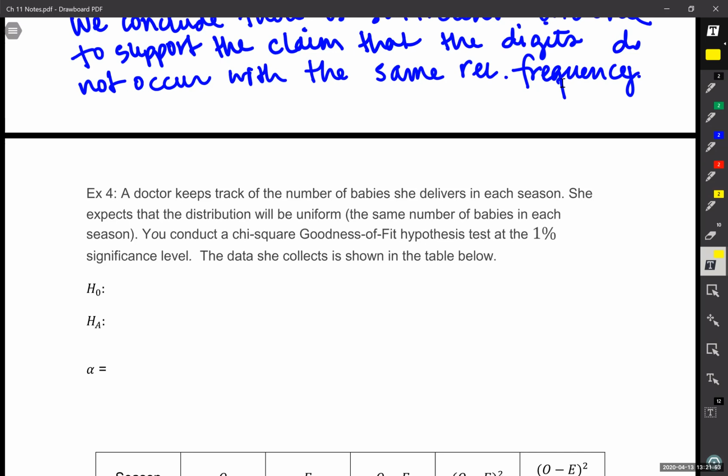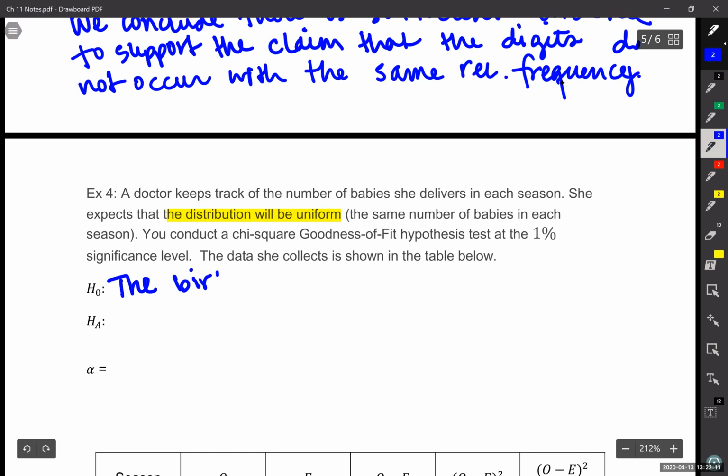But a faster way to write that would be, what was it? Right here. The births will have uniform distribution. That will be how you'll see it on the Newton Alta homework. The births have uniform, that means the same distribution.